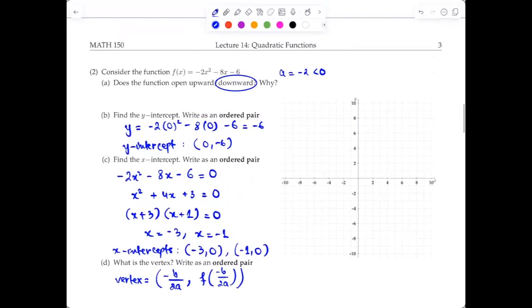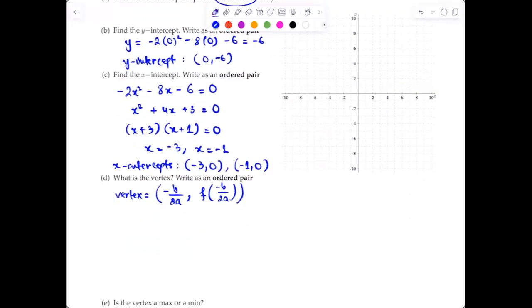So here you have a equal to negative 2, b equal to negative 8, and c equal to negative 6. So x equal to negative b over 2a, so negative of b, which is negative 8, over 2 times negative 2. What is x equal to?